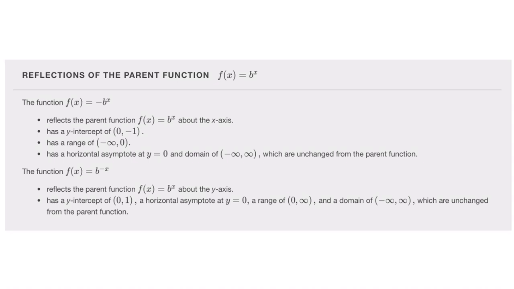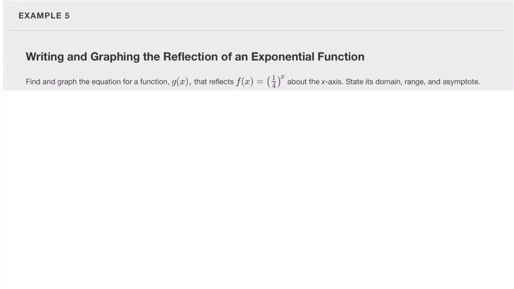Okay, so these transformations take getting used to. There is one more. I'll summarize it momentarily. Let's keep going though. We're actually almost done with this section. So find and graph the equation for a function that reflects this over the x-axis.